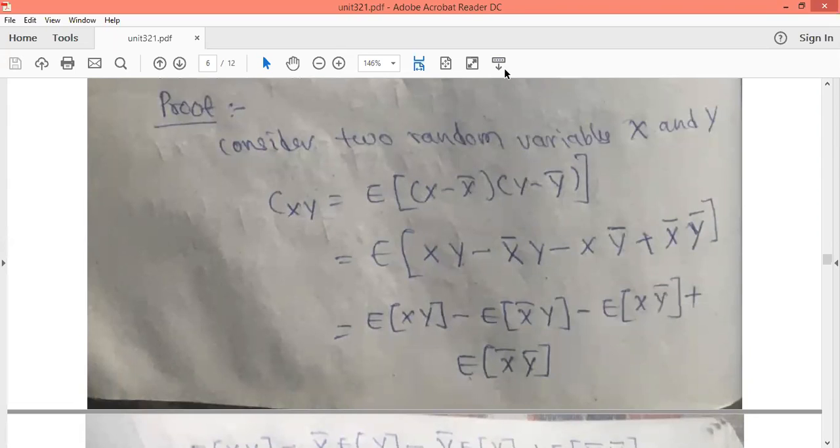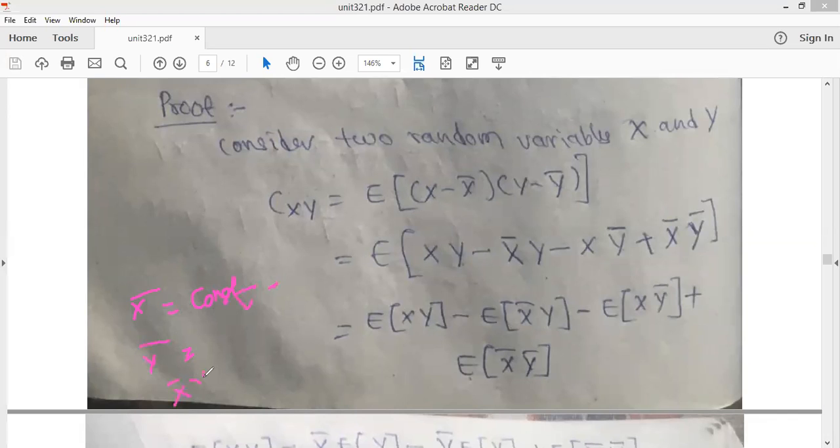Now we know that x bar is called the mean. It is the mean of X and this value is equal to some constant. Similarly, y bar is also some constant, and x bar y bar is also some constant.